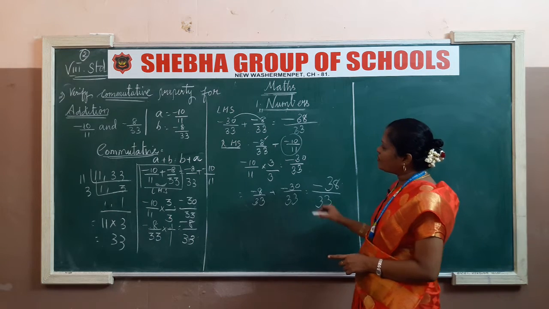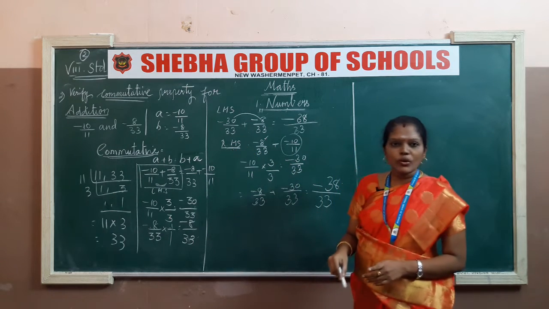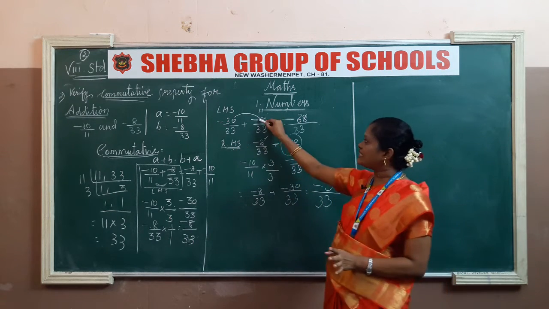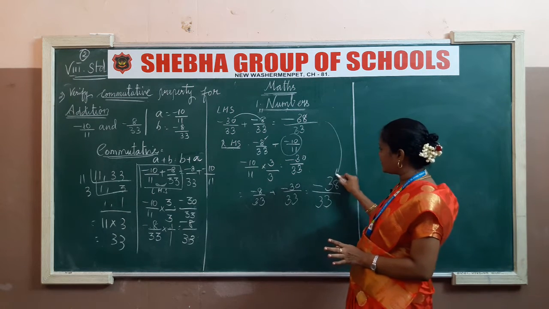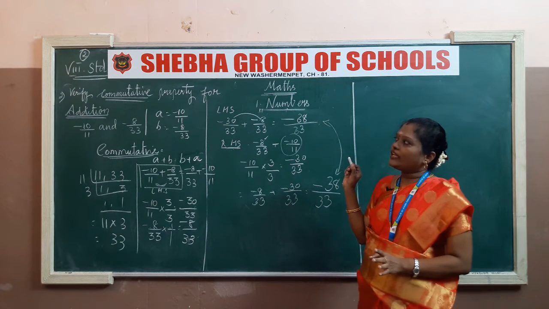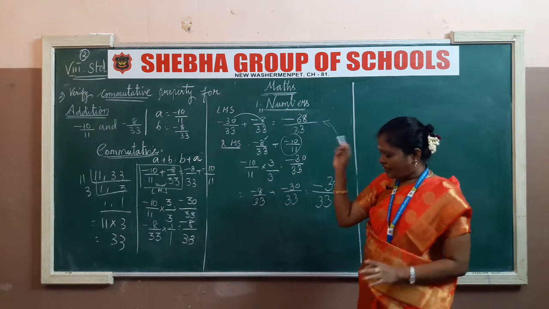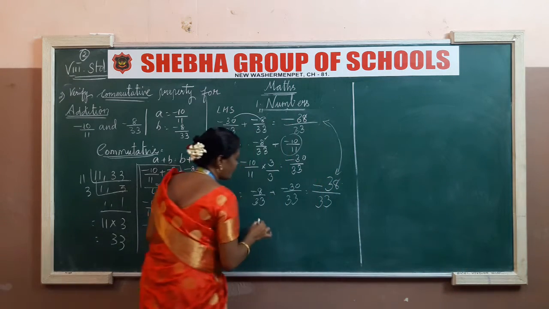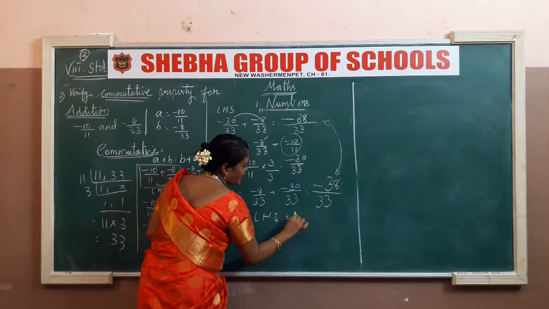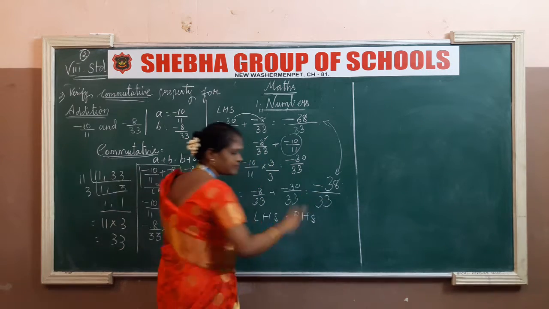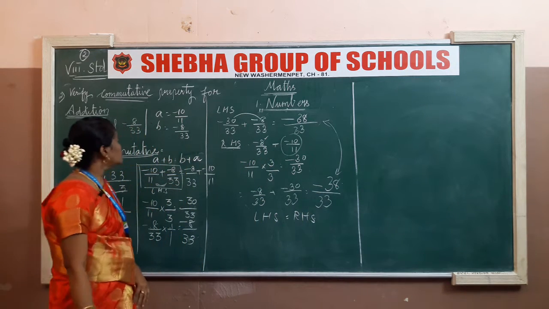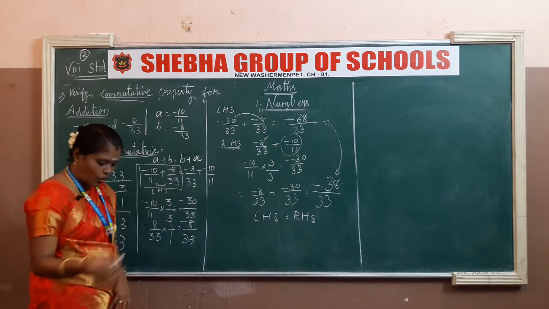This is the answer of which side? Left hand side. So here we proved that left hand side is equal to right hand side. So this is our property rule, in which law? Commutative property law. So I proved left hand side equal to right hand side. Clear children? So commutative property for addition is over.